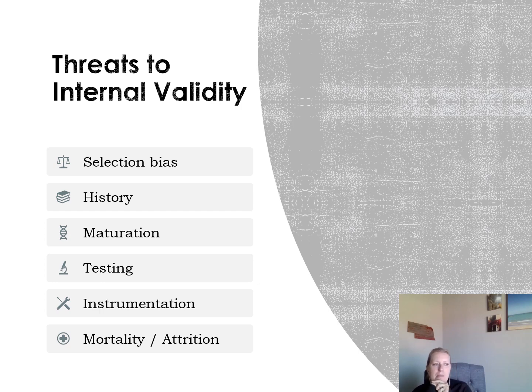So an example might be, okay, I want to see if my breathing exercise works to reduce anxiety. So I'm going to pick my best students to have the breathing exercise and see if they have high scores. Well, my best students are probably going to have high scores anyway. So that's kind of some selection bias.